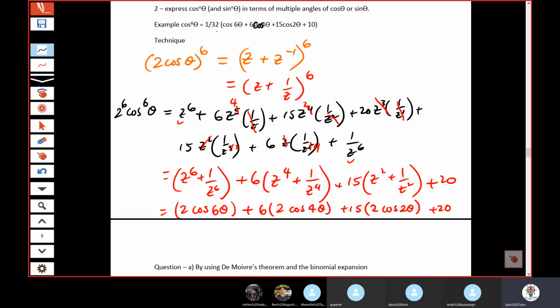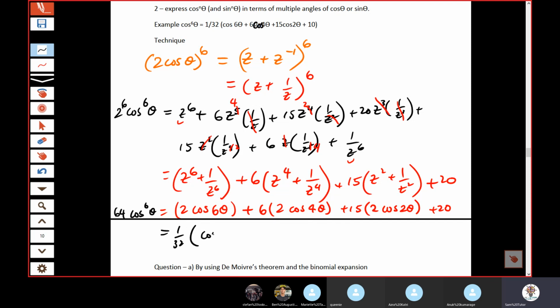And then I think you guys can see it says 1 on 32. You can see they've taken out a common factor of 2, I'm assuming. And then 2 to the power of 6 is 64. This is what's happened: by the time you divide by 64 and you factorize your 2 out, this becomes 1 on 32.